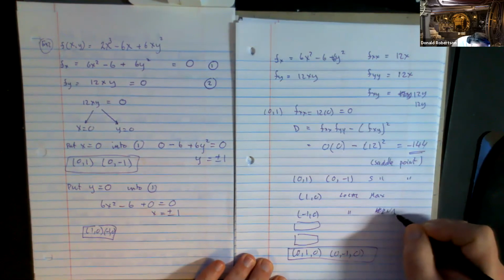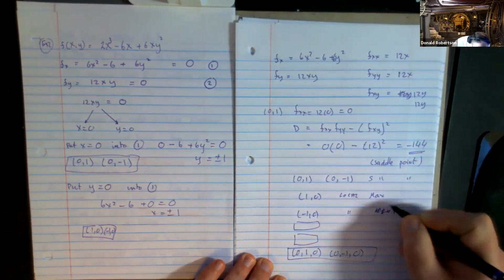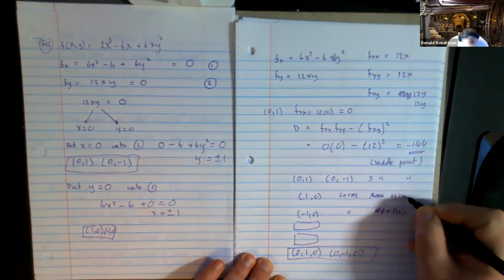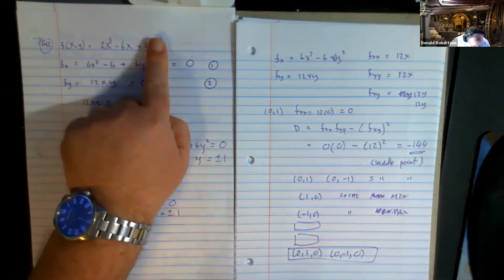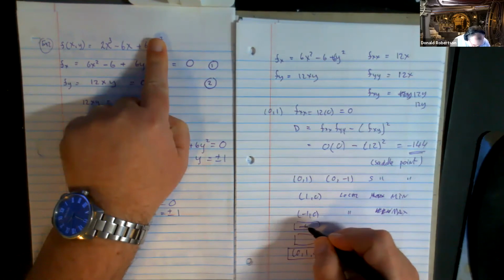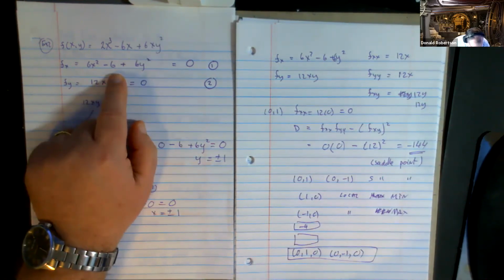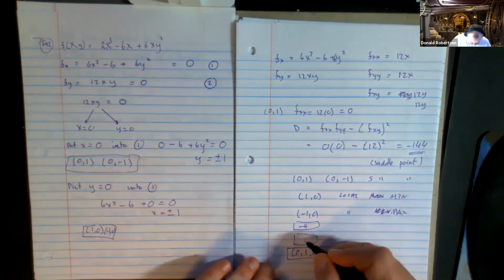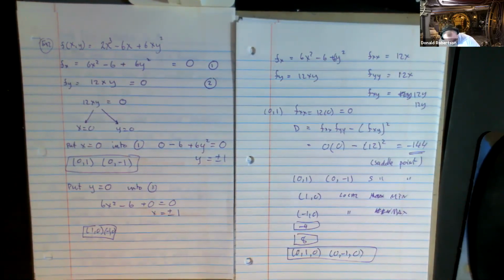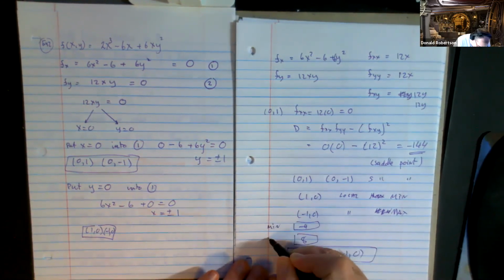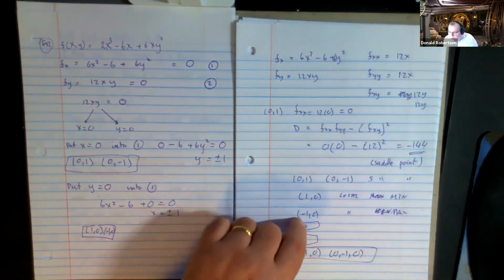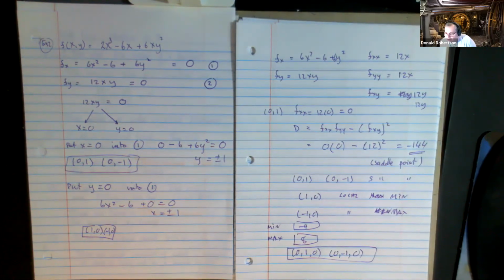Now that I'm looking at that, I can actually tell you what they will be. So at (1, 0), you are going to get -4. And at (-1, 0), you are going to get 8. And for the local min and the local max, you just write down what the z coordinate would be.